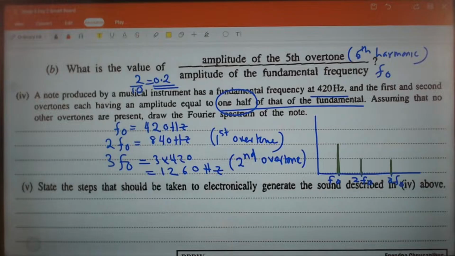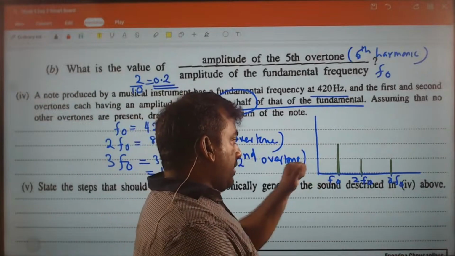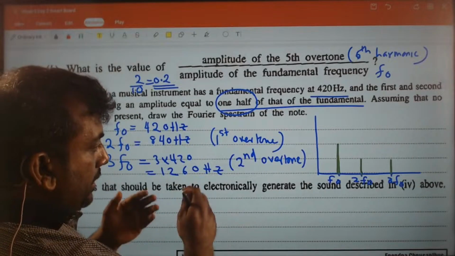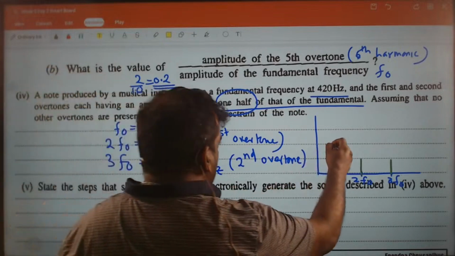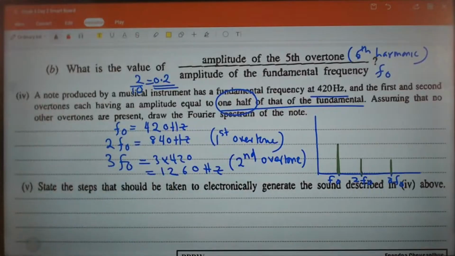State the steps that should be taken to electronically generate the sound. So how do you generate the sound? Here amplitude, here frequency F0, 2F0 and 3F0. The amplitudes are A over 2, A over 2.